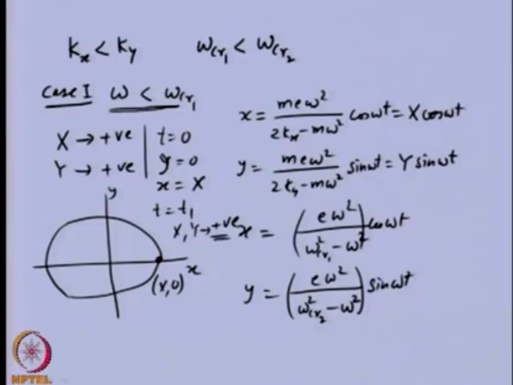That means from here we can go this side where both x and y are positive, because this is the positive quadrant. So, you can see that in this particular case, with time, we have this particular direction of the whirl. And in this case we have considered the direction of omega also as counterclockwise, so the whirling direction is also counterclockwise and the spin speed is also in the counterclockwise direction.